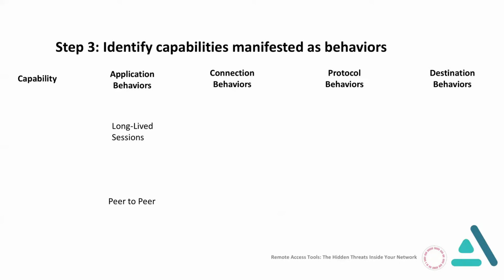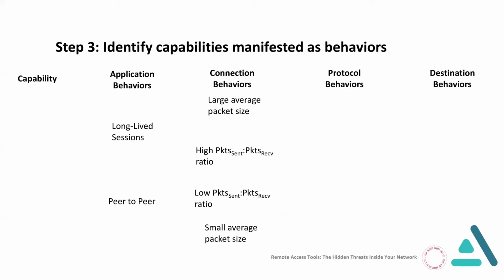You wouldn't expect TeamViewer to want to support all of the communications directly through their servers. They want to get things off of their servers as quickly as they can so that they spend less money on infrastructure. And then connection behaviors.